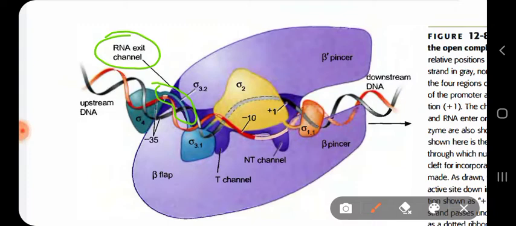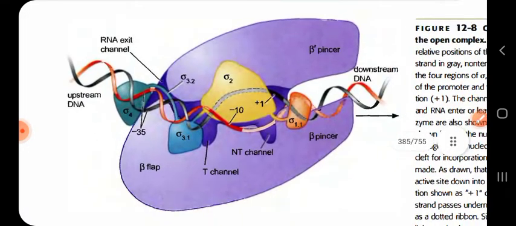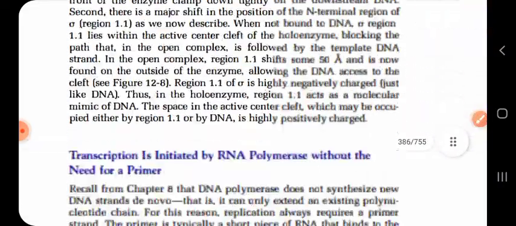The N-terminal region of TF2B sits on this RNA exit channel, and it has to be removed for proper elongation process.